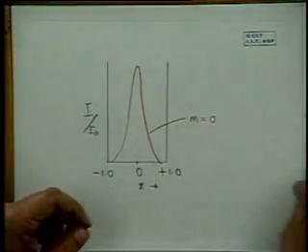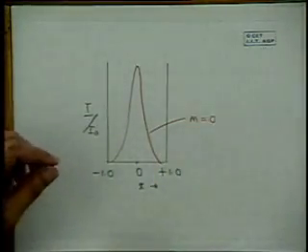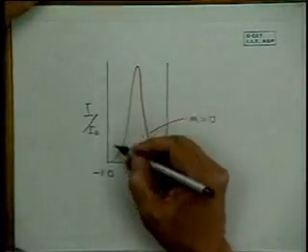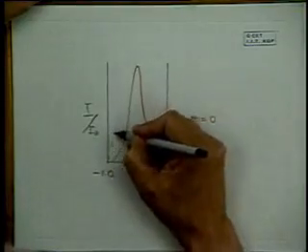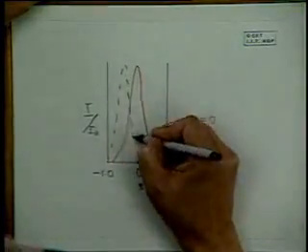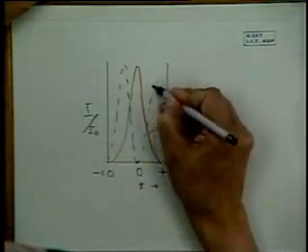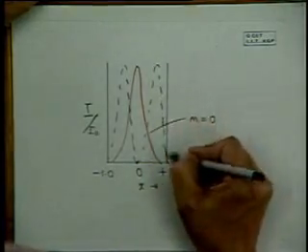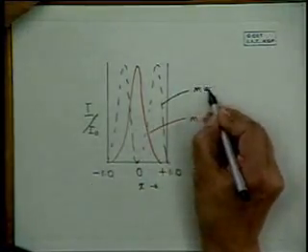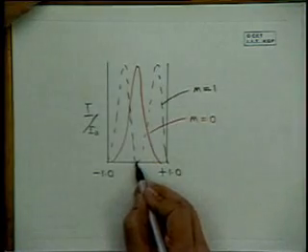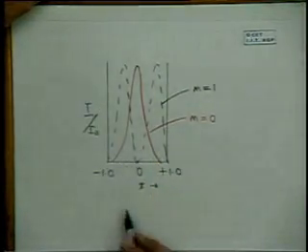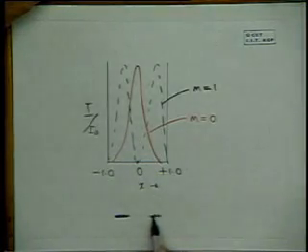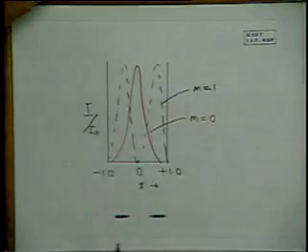But if M is equal to 1, then what will you get? You will get a minimum here, in fact. Right on axis there will actually be a minimum, and I'll show next time that in this case you will get two bright spots in the far field.